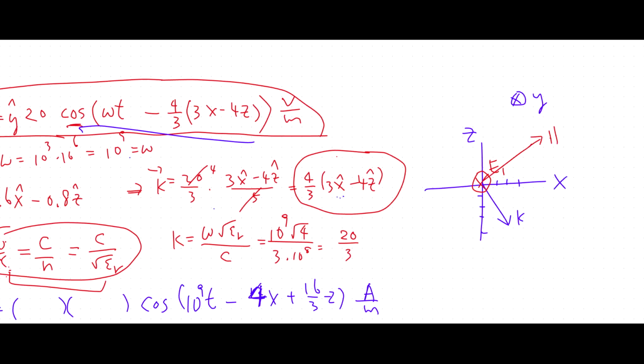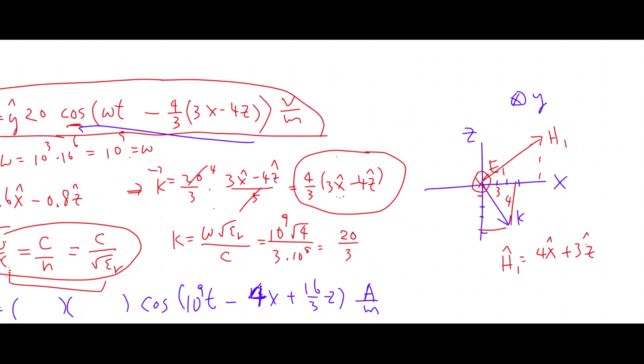Right? Okay, so how do I describe this direction? Well, K is 3-4 ratio, X to Z. Then H must be 4-3 ratio. So the direction of H1 must be 4 on the X, positive, and 3 on the Z, also positive.